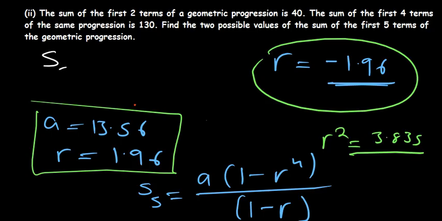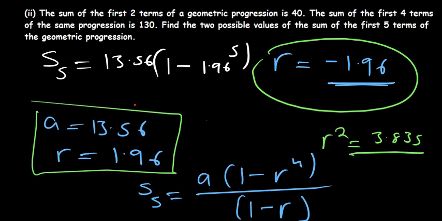So the sum of the first 5 terms, our first term is 13.56, and then 1 minus our ratio 1.96 raised to the power 5, divided by 1 minus 1.96.